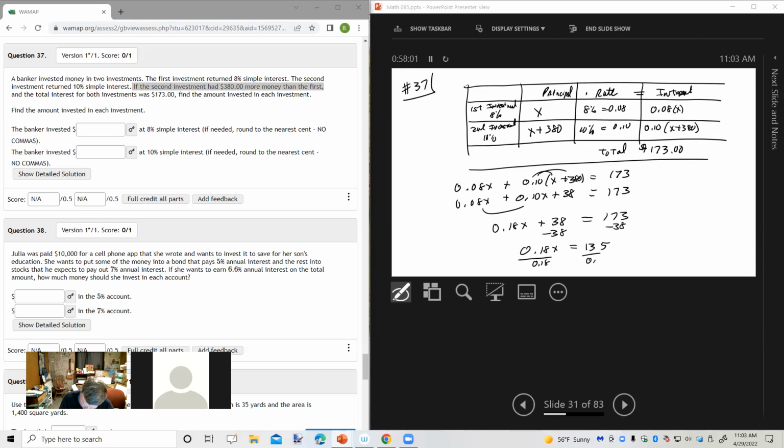Divide that by 0.18 and we get X equals 750. So this would be $750. 750 plus 380 would be $1,130.